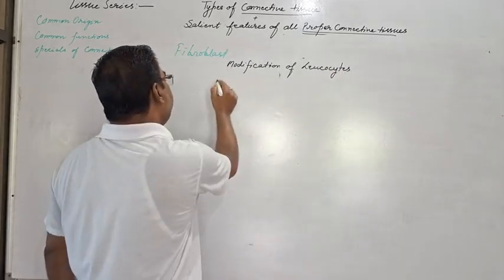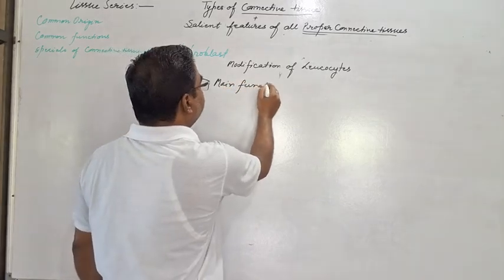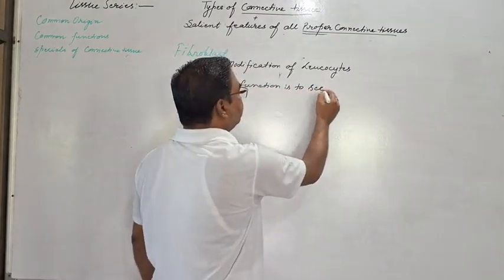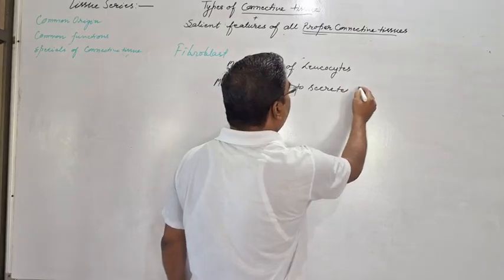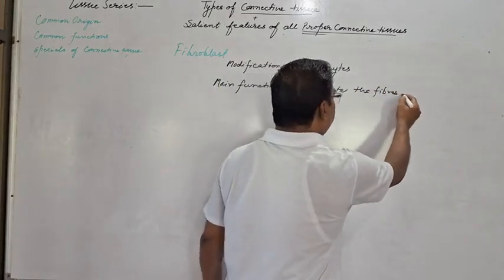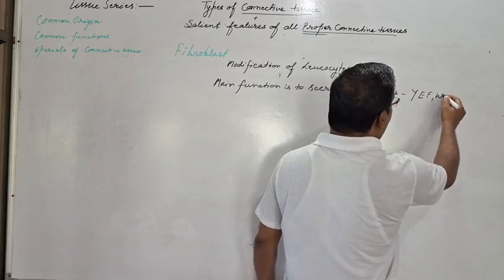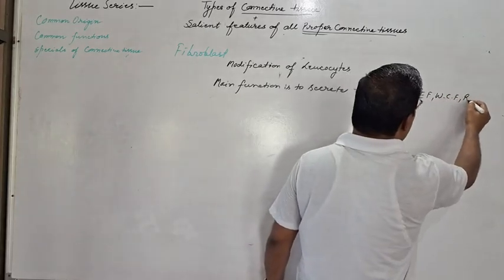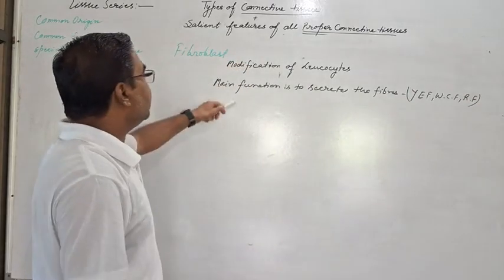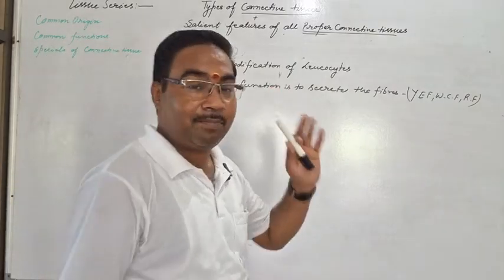Its main function is to secrete the fiber. That means yellow elastin fiber, white collagen fiber and reticulate fiber. These all three are secreted by fibroblast. That's why fibroblast is important.